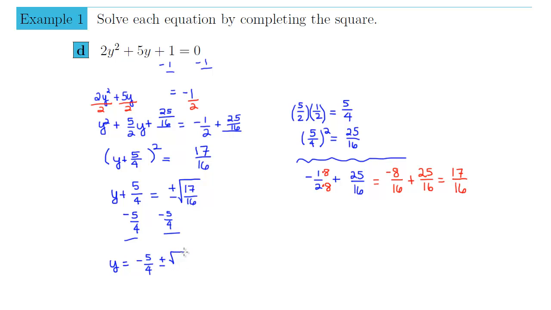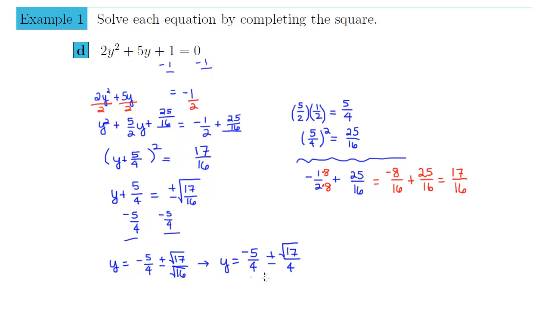Now notice what I'm going to do. I'm going to break it up into two square roots, the square root of 17 and the square root of 16, because our rules for radicals allow us to do that. And the reason I did that is that I can simplify the square root of 16 into 4. So that actually gives me y equals negative 5/4 plus or minus the square root of 17 over 4.